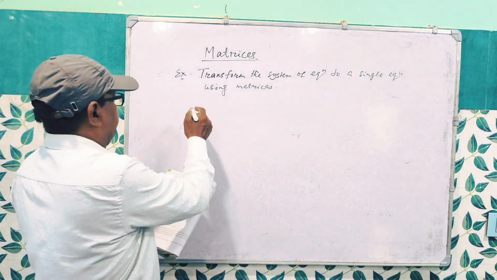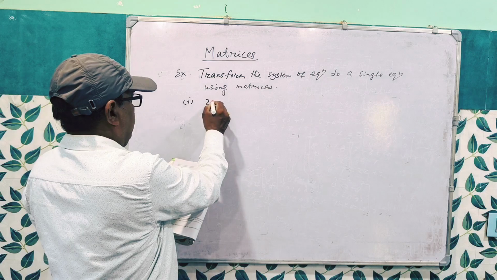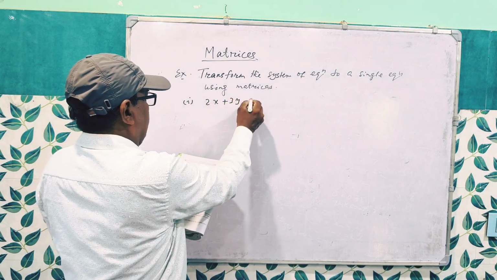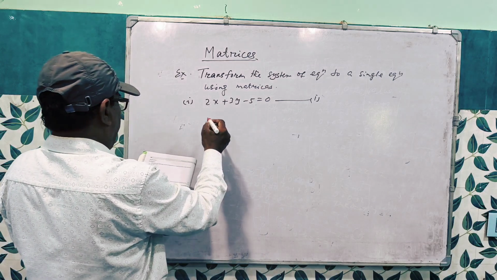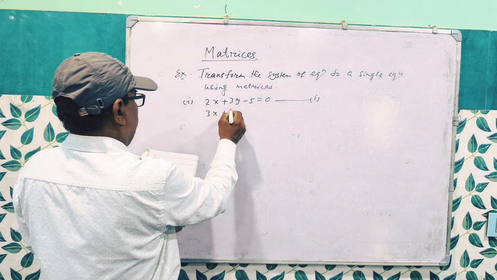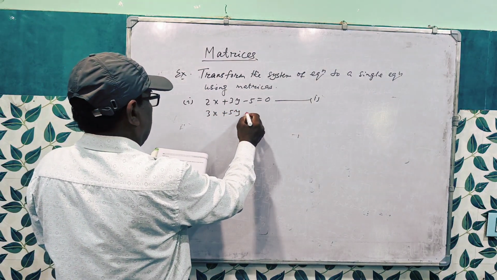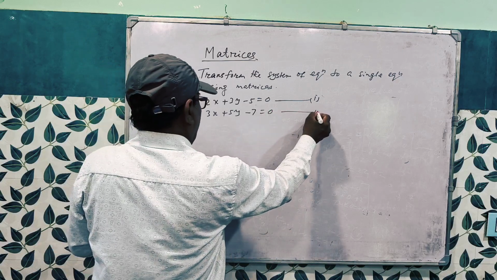So the equations are first, 2x plus 3y minus 5 is equal to 0, equation number 1, and 3x plus 5y minus 7 is equal to 0, equation number 2.